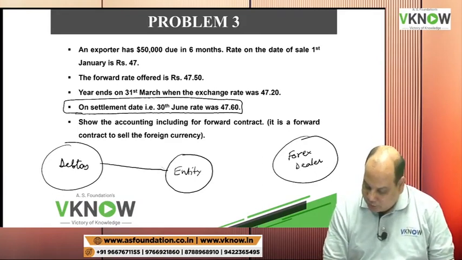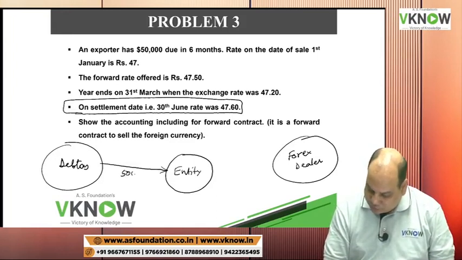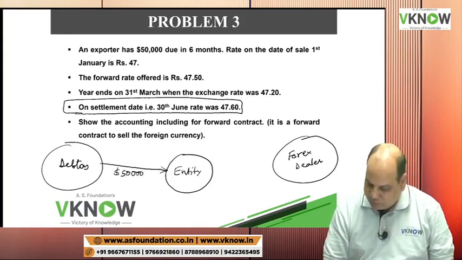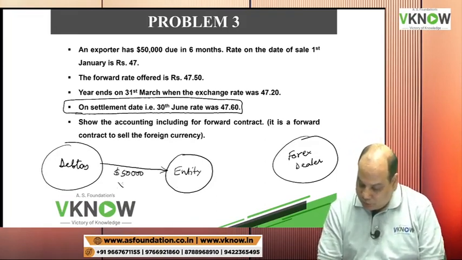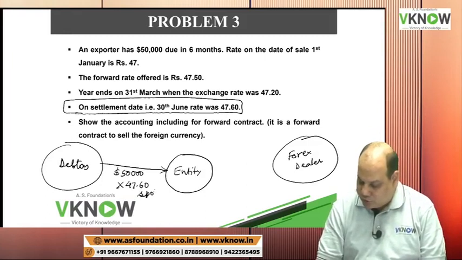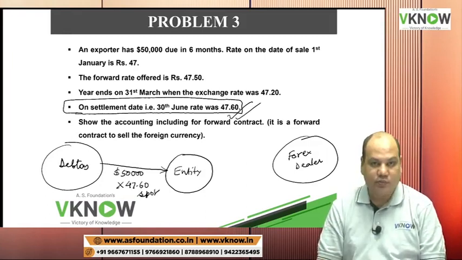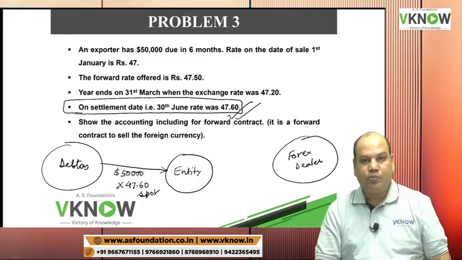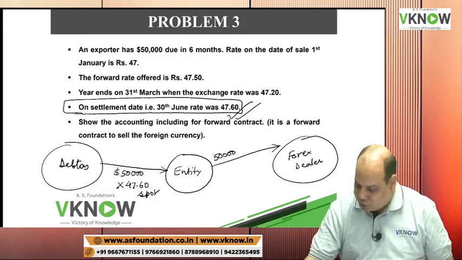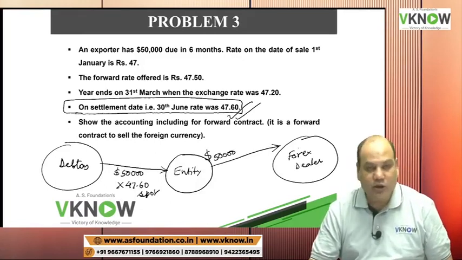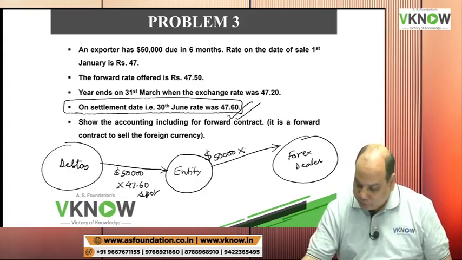So debtor will give me $50,000. So this I will convert at the spot rate today, which is 47.60. Then I have an obligation to pay $50,000 to Forex dealer because it's in foreign currency.